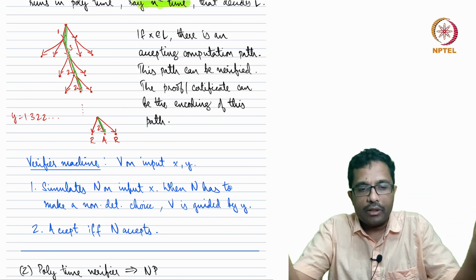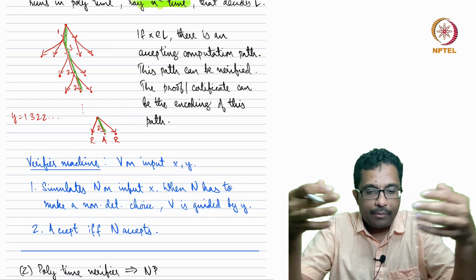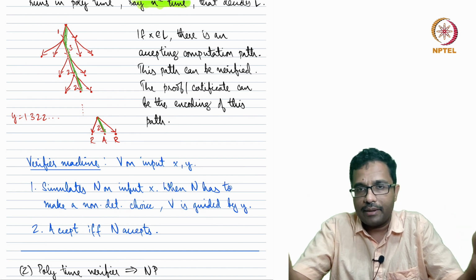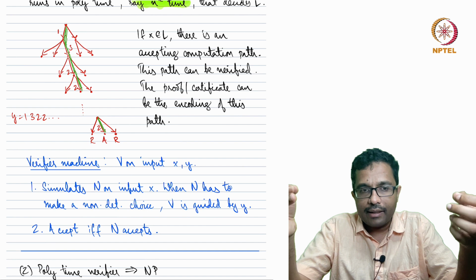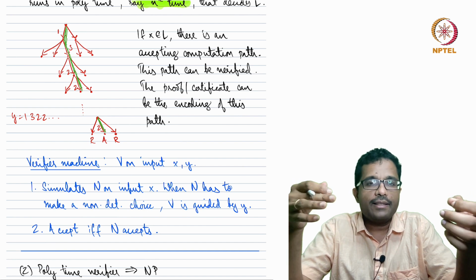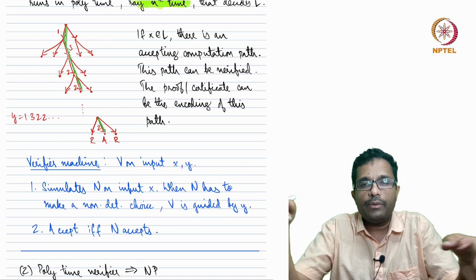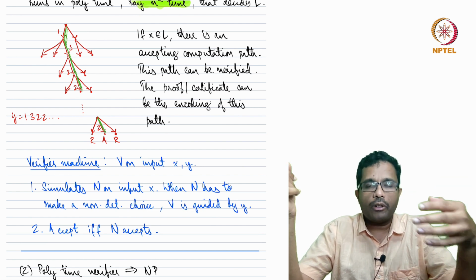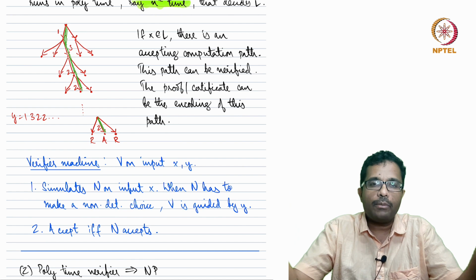Given the non-deterministic Turing machine, there are many possible computation paths, and x is accepted if at least one of them accepts. So y, the correct witness string, is the identity of that path which leads to acceptance. If x is not accepted by the non-deterministic Turing machine, whatever y you give, it cannot be verified.